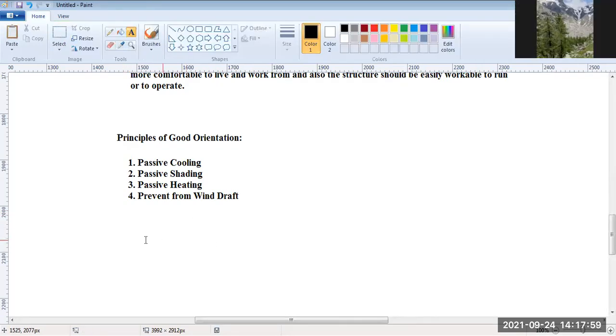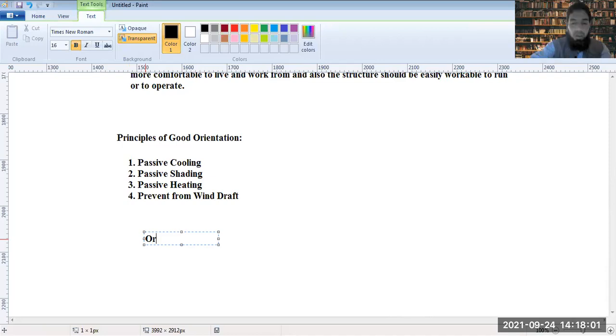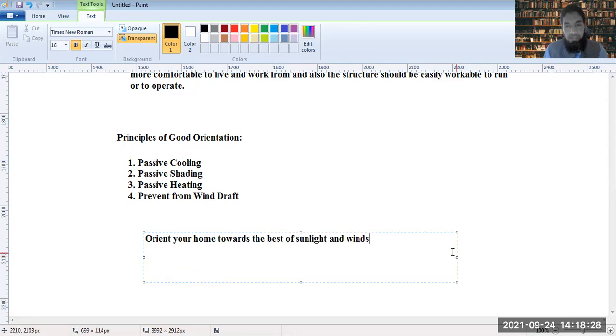So when you orient your house, your home or house, it is towards the best of sunlight and winds.